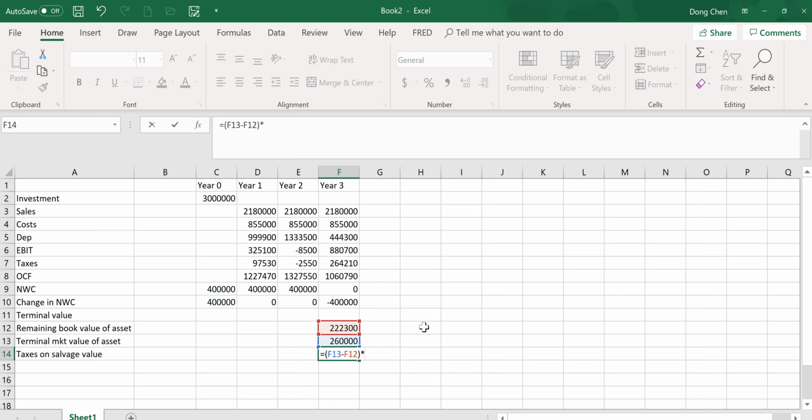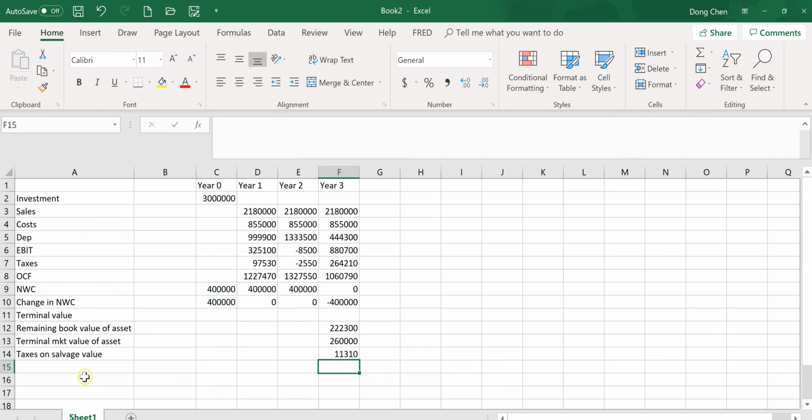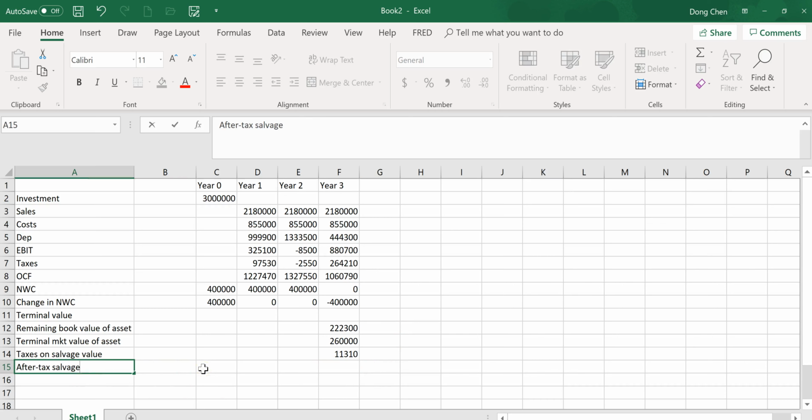And then we need to multiply by the tax rate, 30%. So that's the tax. And then the final after-tax salvage value is simply the selling price, right? That's how much the firm gets, and after the firm pays the taxes, that's the after-tax salvage value.